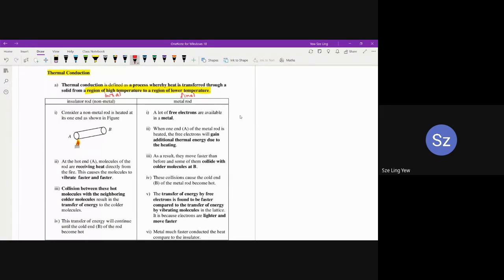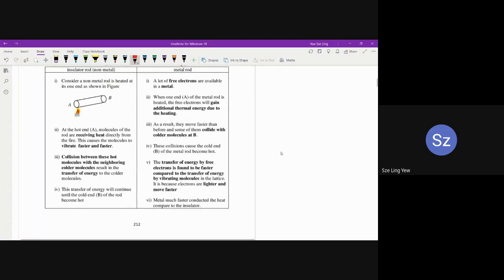That is the part that you need to know, because in equations, you need to take note where is your initial position and where is your final position. By just looking at the definition itself, it tells you the initial position is a place with a higher temperature, whereas the final destination is a part with lower temperature.